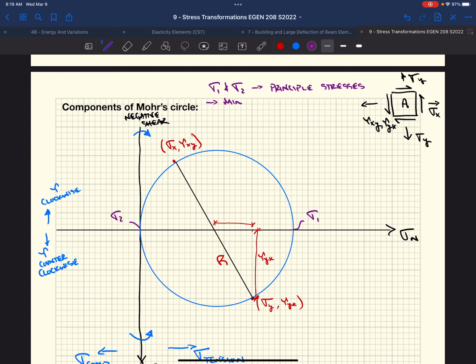And they are the minimum and maximum normal stresses, and they always occur where shear stress is 0.